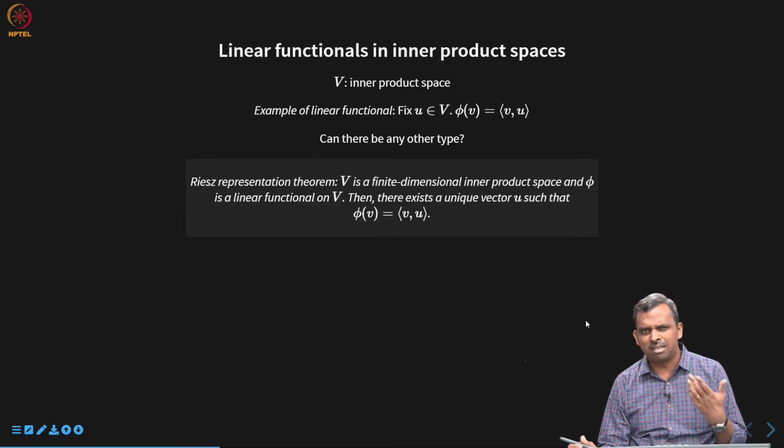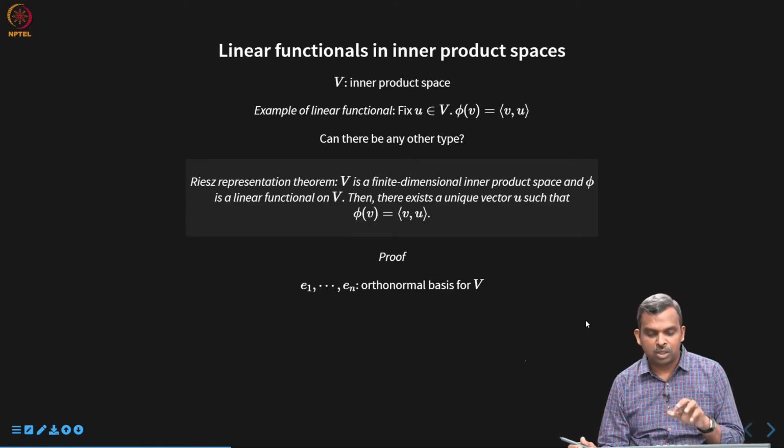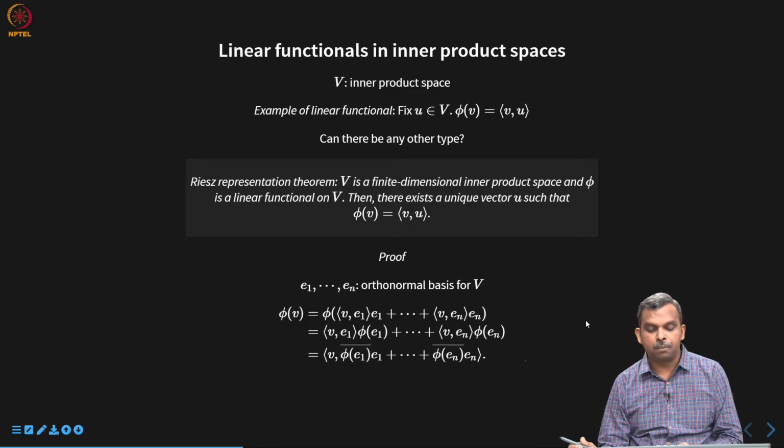It's probably intuitive, it's very easy to see, but let's write down a proof, and the proof involves orthonormality and the properties of inner product and all that. Okay. So you start with an orthonormal basis for V, okay, and then you look at phi of v, right?